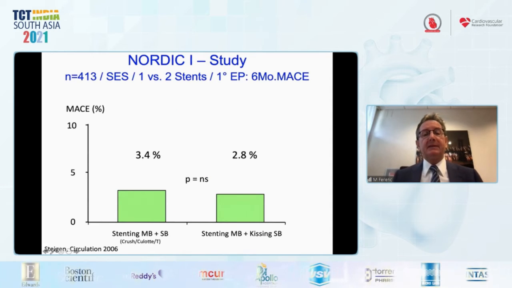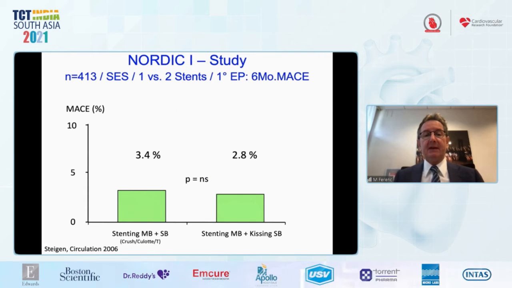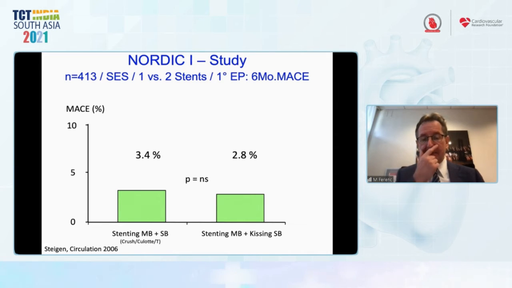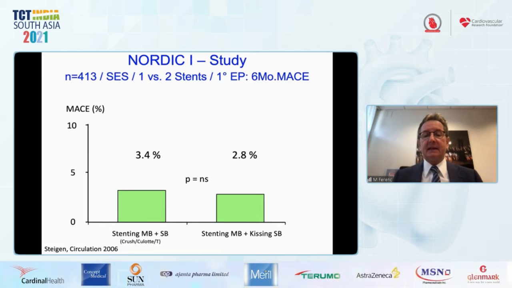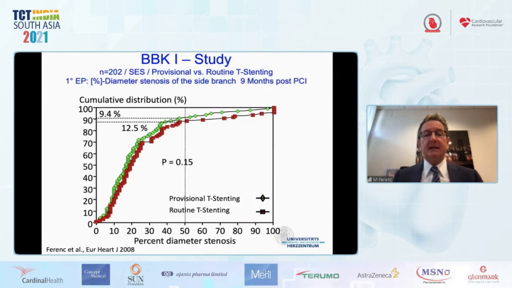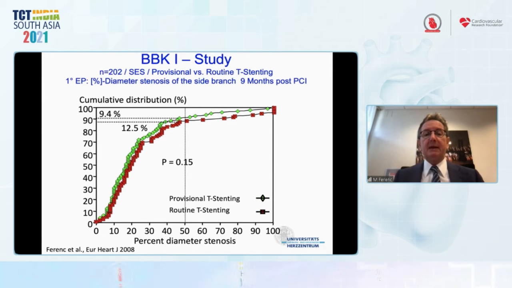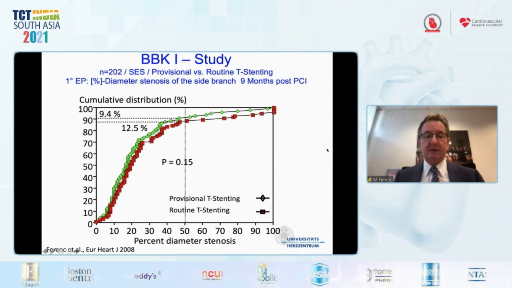And according to the study situation which we have, the Nordic 1 study was the first study that compared systematic double stenting with single stenting. There was no significant difference. In our study from Bad Kreuznach, the BK1 study, we saw a very similar result. Even if you perform everything perfectly, you don't have benefit after 9 months if you perform re-angio and QCA analysis.